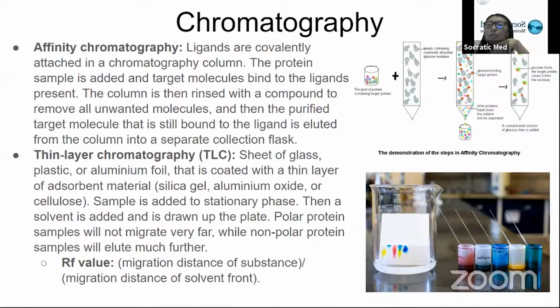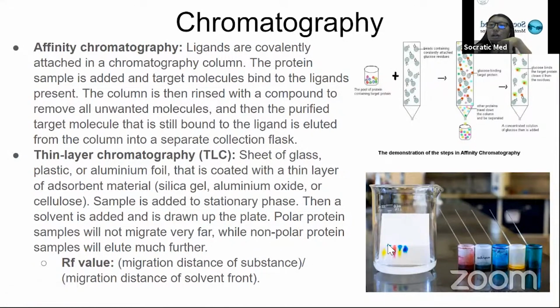And usually the Rf value is measured when we do thin layer chromatography. The equation for the Rf value is the migration distance of a substance divided by the migration distance of the solvent front.